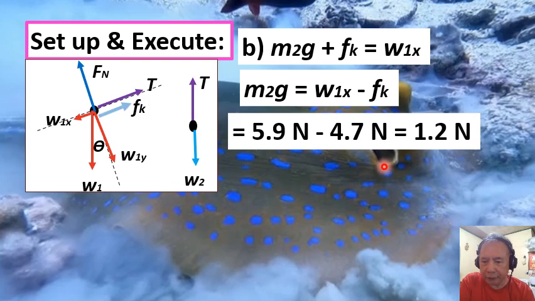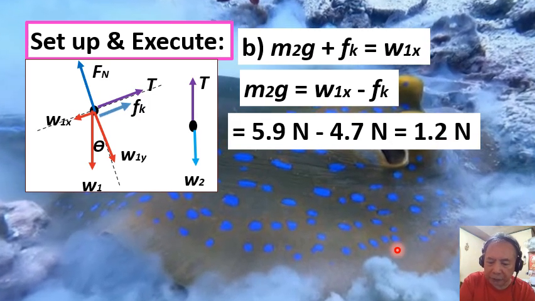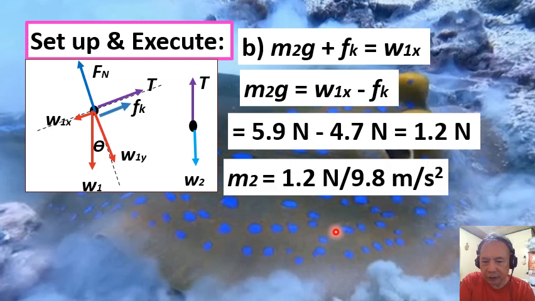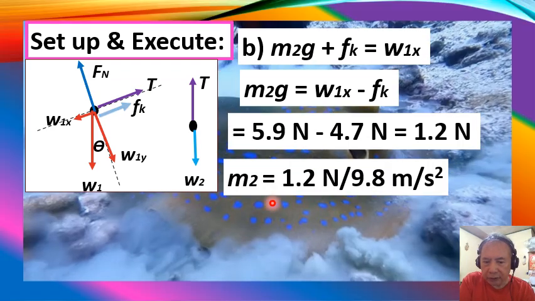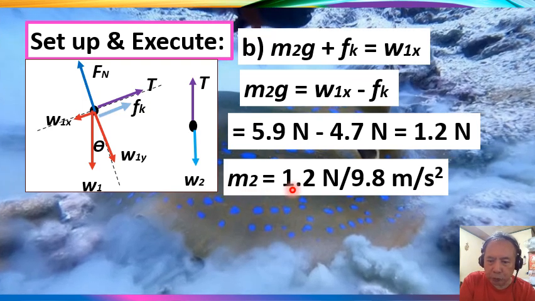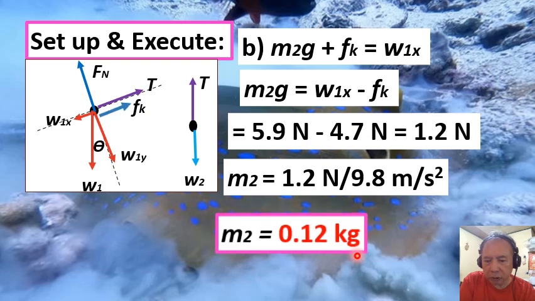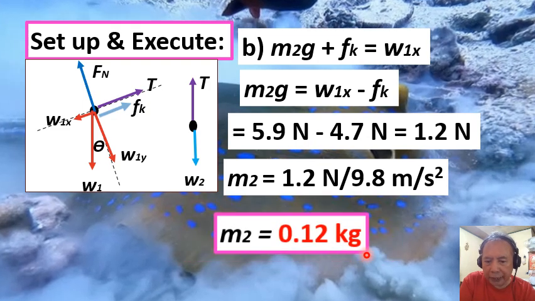So when we divide 1.2 newtons by 9.8 meters per second squared, which is of course the value for the mass m2, it is equal to 0.12 kilogram.